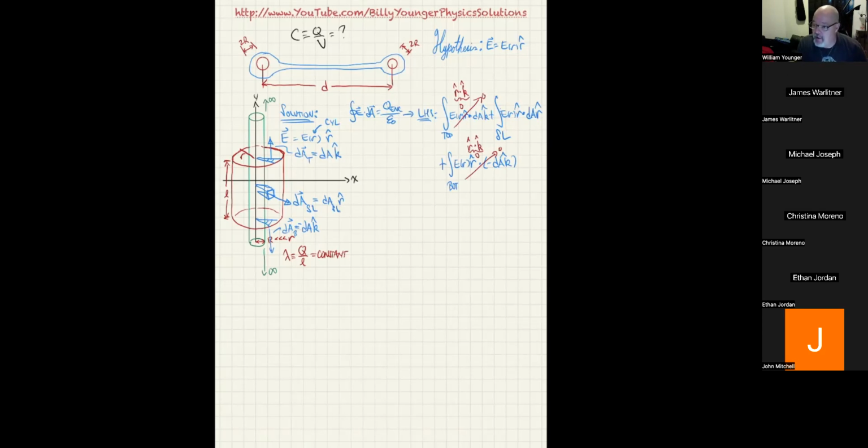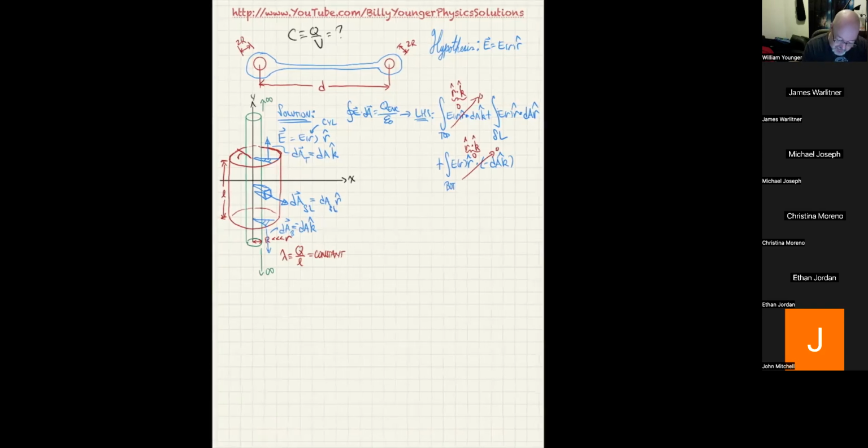But when I'm doing a large, infinite, say, flat surface, I use the exact same shape. Most books call it a Gaussian pill bottle. But in that case, only the top and bottom become relevant. So just keep that in mind as a little reminder of how to work out the integrals.